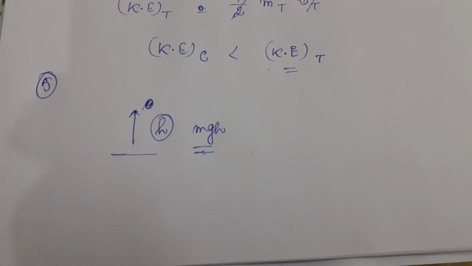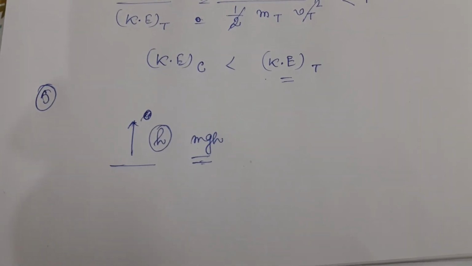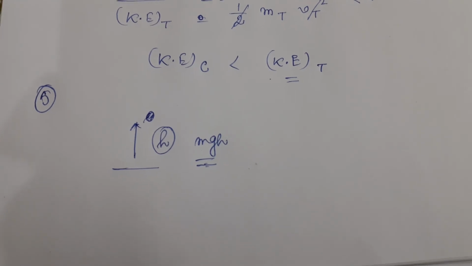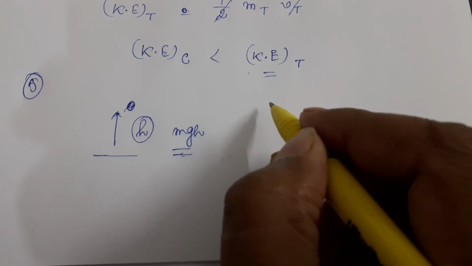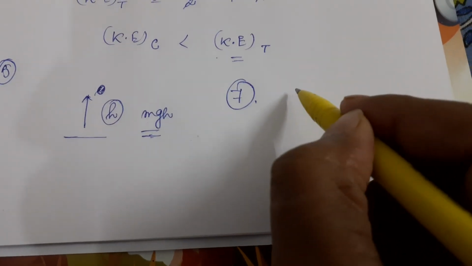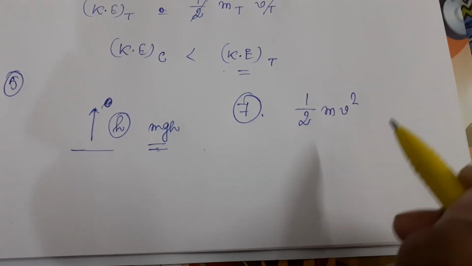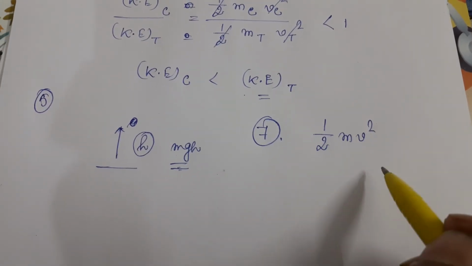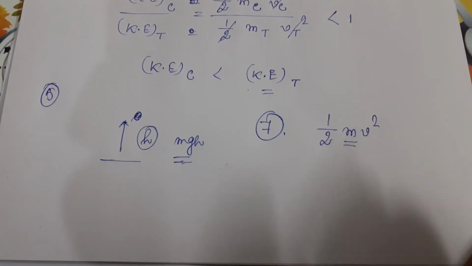Next question, number 7: which would have a greater effect on the kinetic energy of an object, doubling the mass or doubling the velocity? From the mathematical expression of kinetic energy, half mv square, if you double the mass, the kinetic energy will only be doubled.